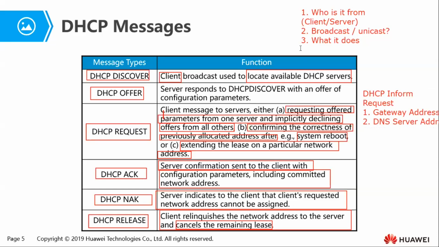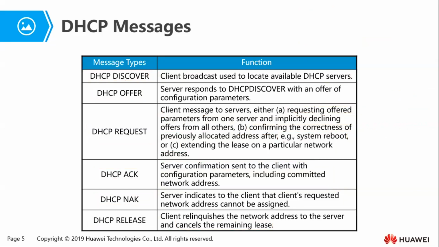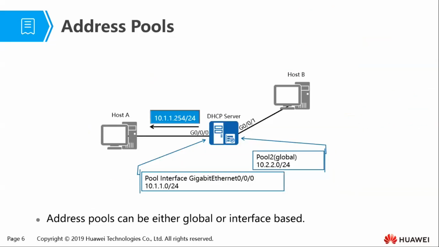Okay, so let's move on. So address pools. As we saw, in dynamic address allocation, we need to set what we call an address pool, a pool of addresses, an address range that we can give.